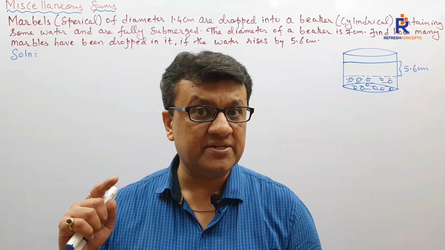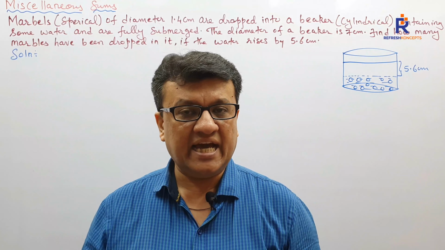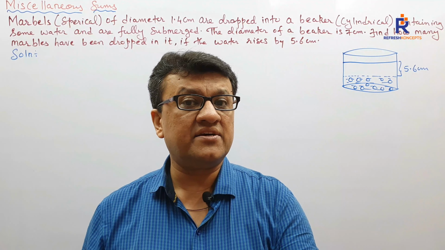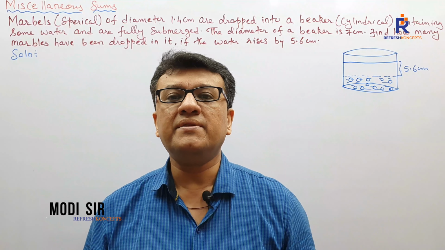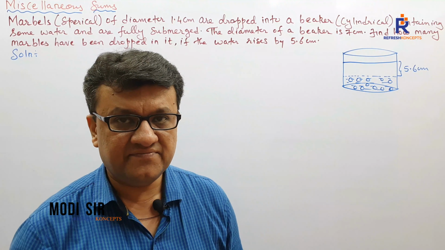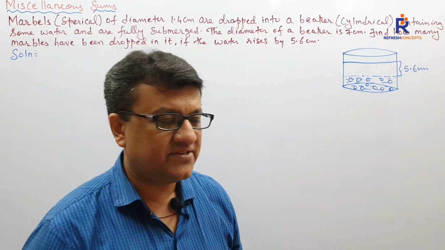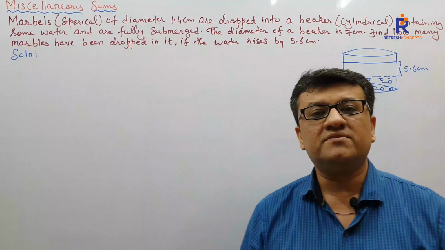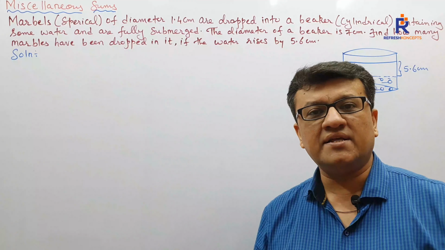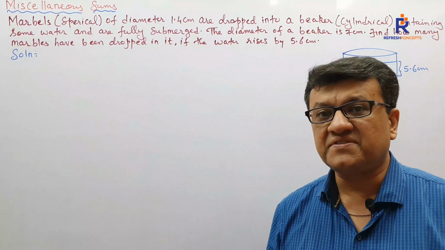I'm having a 3 liter bottle of soft drink, and I'm giving all my students a 100 ml empty glass. To how many students can I serve? The answer is very quick from your side, and there are many who answered 30. Many answered that, sir, you can serve 30 students.